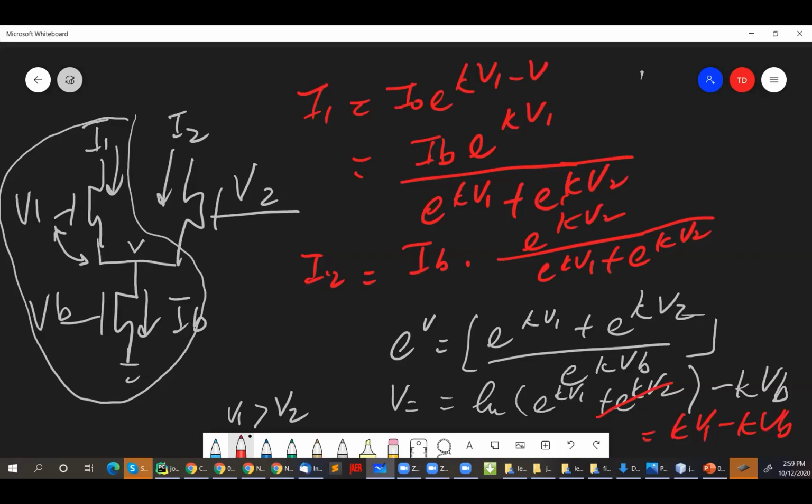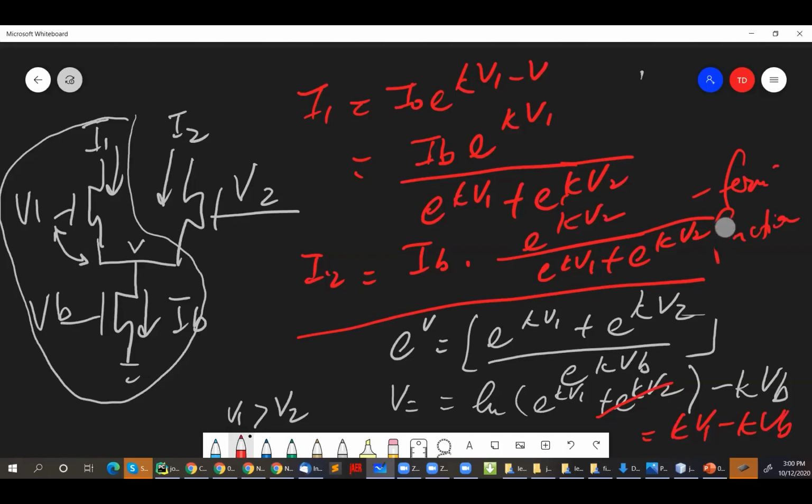Okay. All right. And so now you have the 2 equations for I versus IB. You can see it depends on V1, V2, and IB. The V is gone now. And so if you look at this equation, this is also what looks like what they call the Fermi function.